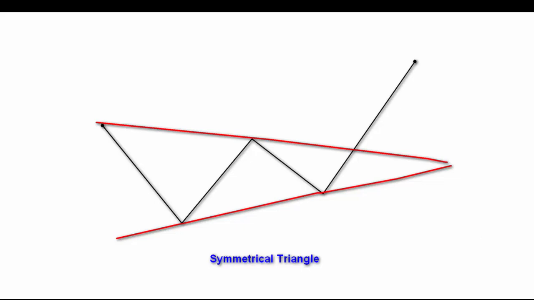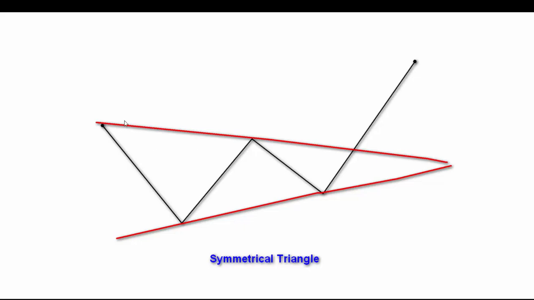And as I said, it's characterized by a resistance trend line and a support trend line, and there is no horizontal trend line or support trend line. It's just a trend line, just like that. It doesn't matter. It's not required to be horizontal.